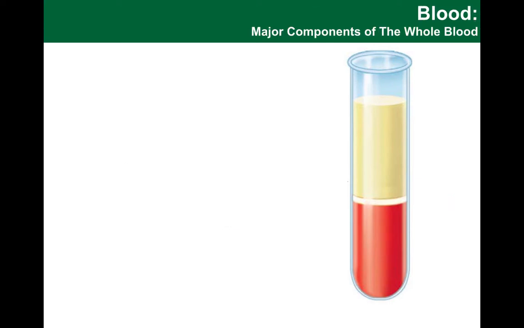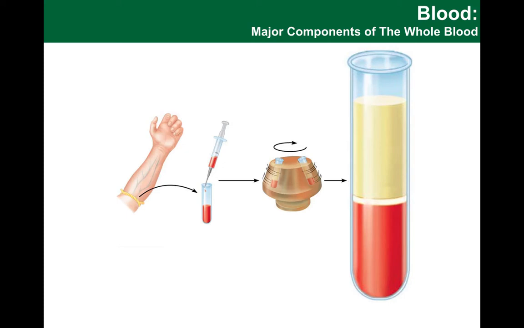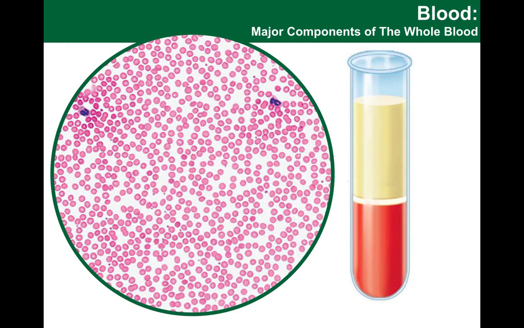So, how do we separate blood into these three layers? Well, you may have guessed, the method is spinning the sample in the centrifuge. I also want to show this microscopy image. This is what a typical blood smear would look like.